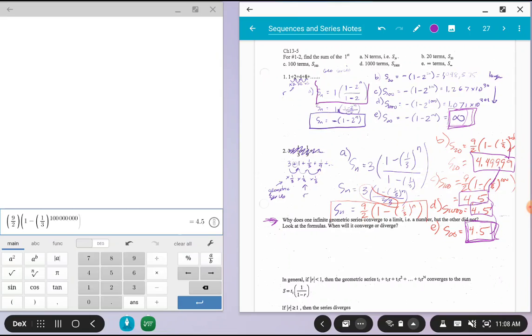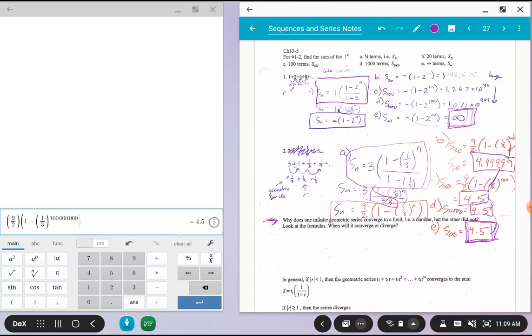Okay, if we look at the formulas, we always use the same formula, right? S sub n is equal to t sub 1 times 1 minus r to the n over 1 minus r. But why is it that one went to an actual number while the other one went to infinity? What's the difference between them? It can't be the starting number. The starting number shouldn't change anything.